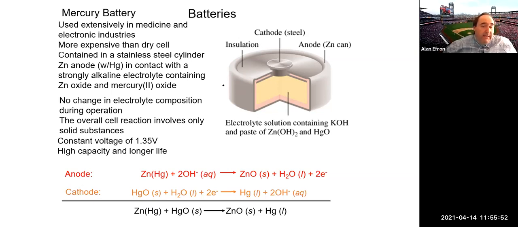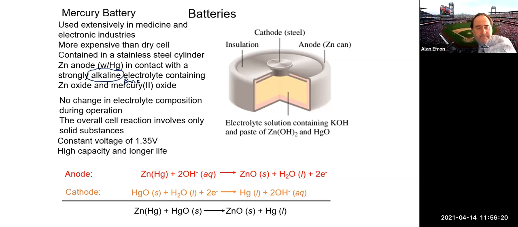Strongly alkaline means basic, right? That's what alkaline means. So really a strong base, like KOH, potassium hydroxide, as we see in the picture. A strong base would also be a strong electrolyte, again acting like our salt bridge, keeping everything flowing in terms of the electrons and so forth.